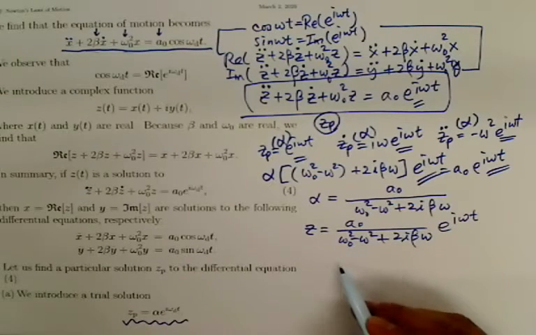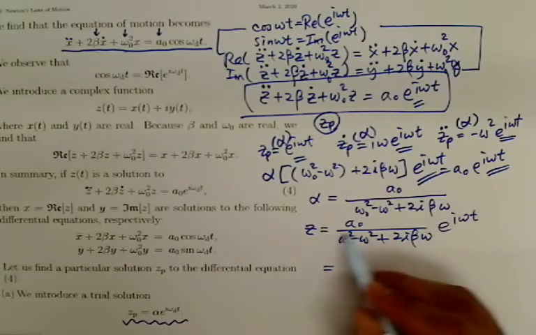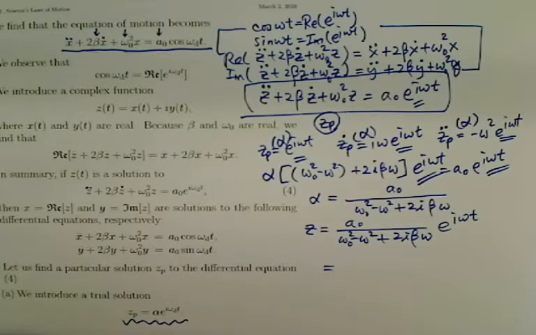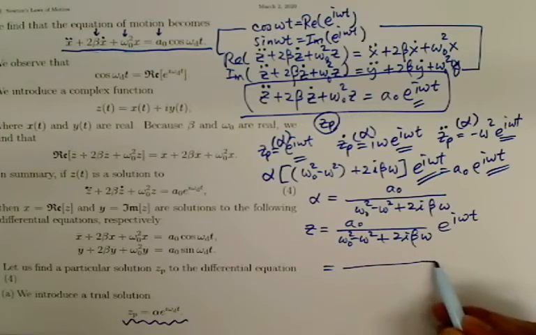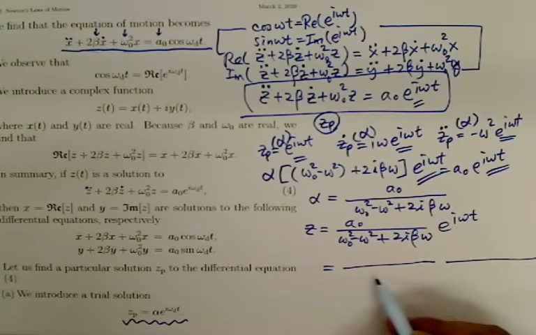Let's see. This one has an imaginary part in the denominator. We can rationalize the denominator. That can be done by introducing the complex conjugate.